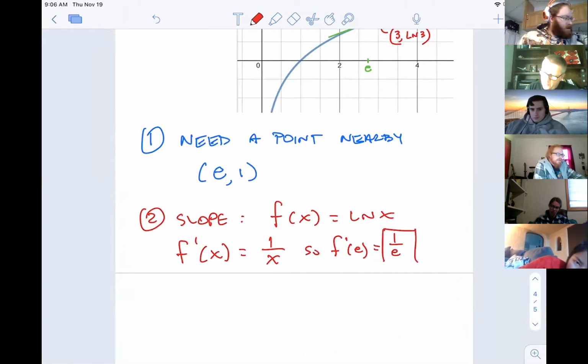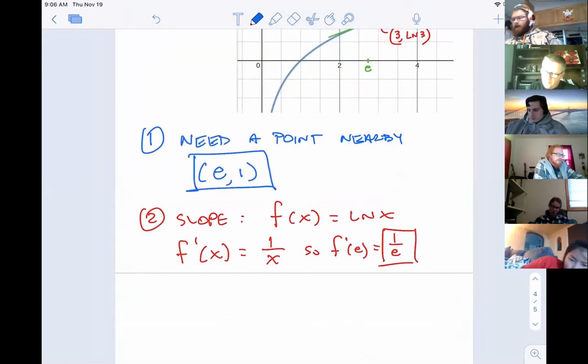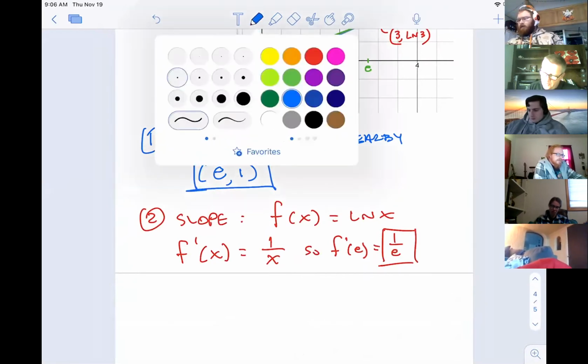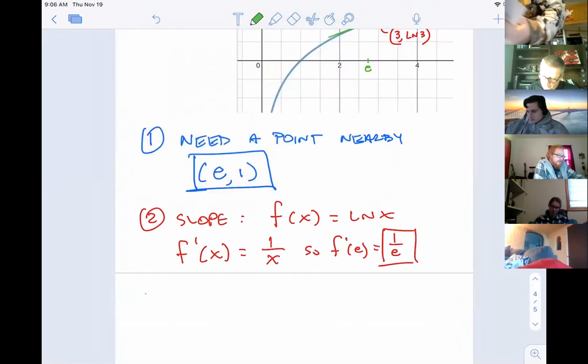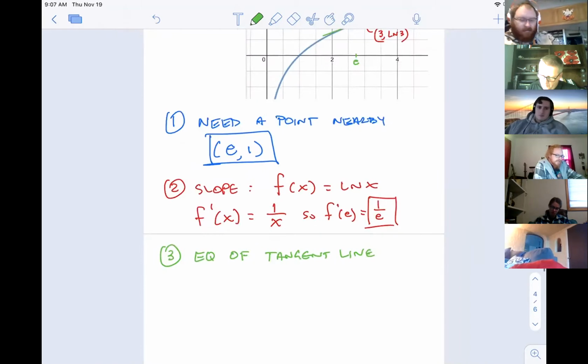So we have a slope, we have a point, we have everything we need to go find the equation of the tangent line. It's time to go green, since that's the color of my tangent line. Equation of the tangent line. I ended up with y equals 3.1 something something.